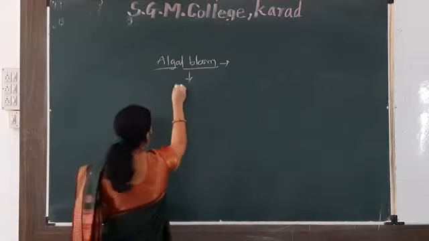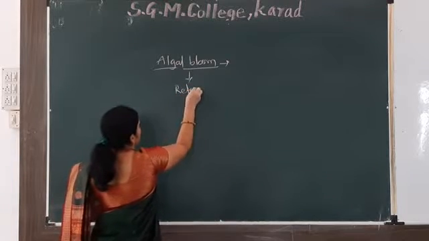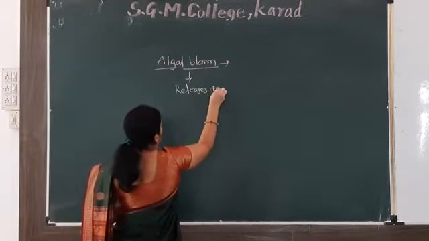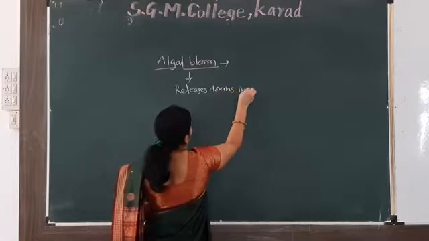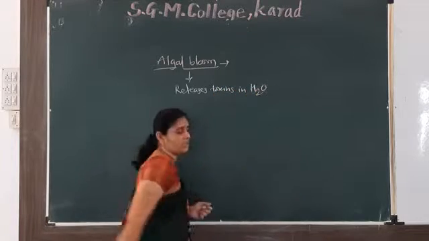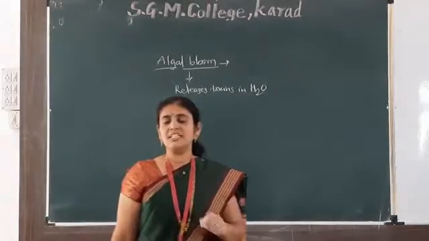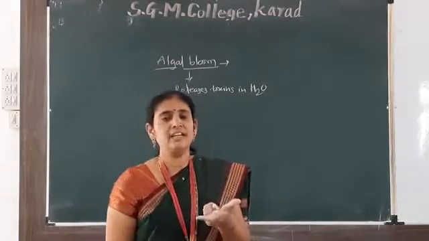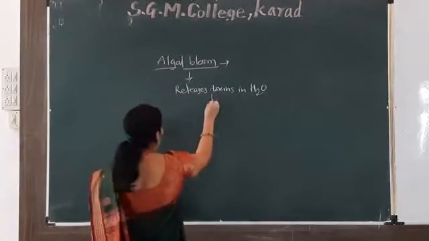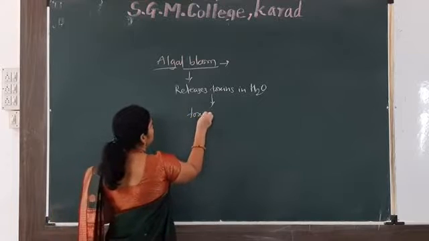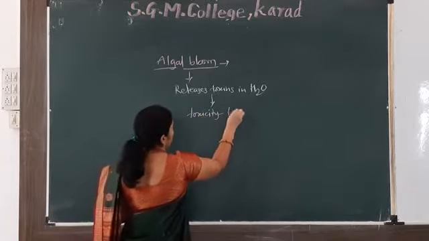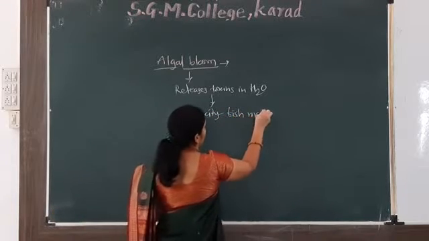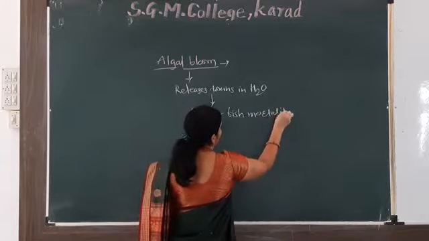This algal bloom releases toxins in water, and due to this toxicity fishes die. Due to this toxicity fish mortality takes place.